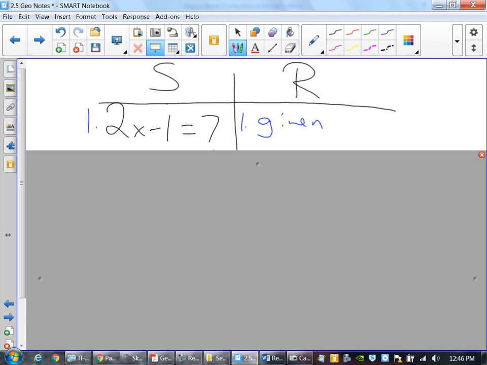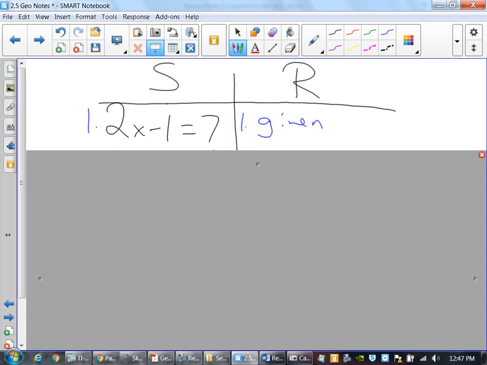What happens in geometry is that you could be given something like this. Given x is the midpoint of AB. You might be given that statement. I'm not worried about what it's asking you to prove quite yet, but just remember, what does the definition of a midpoint mean? It's the middle.